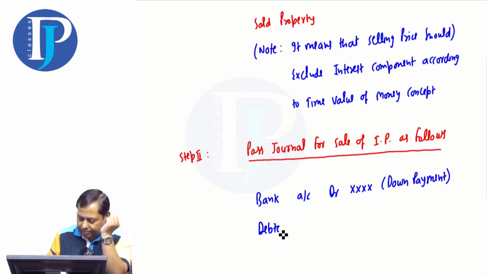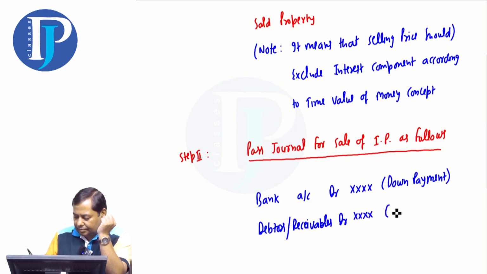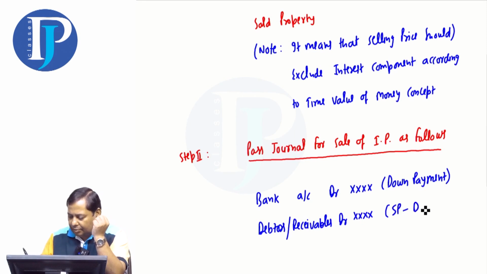Debtors account debit. If you want to, then debit the debtors. If you want to, then book the receivables. Selling price minus down payment. We need to keep the remaining money. To investment property. What's this? This is book value.